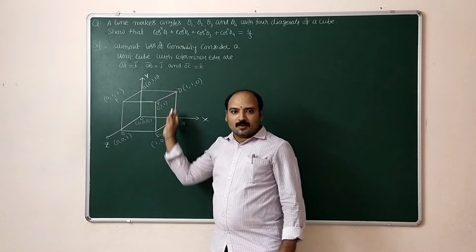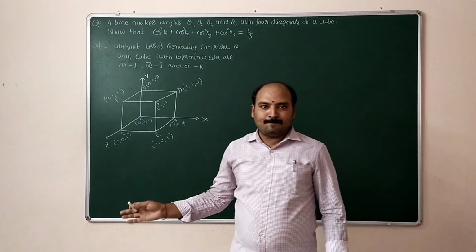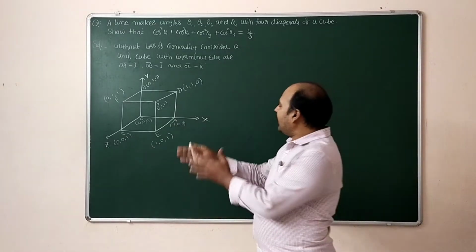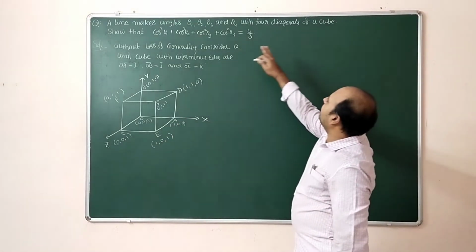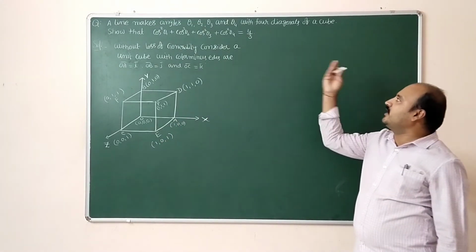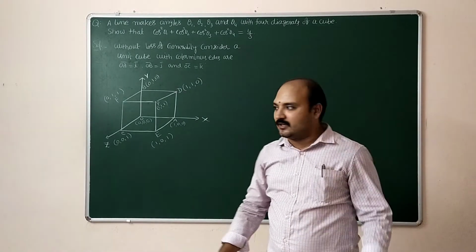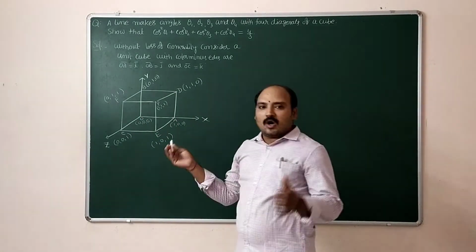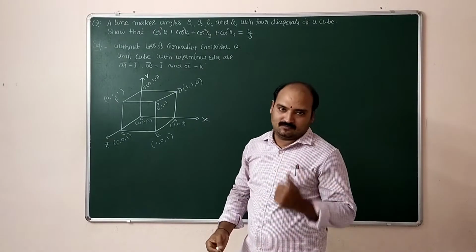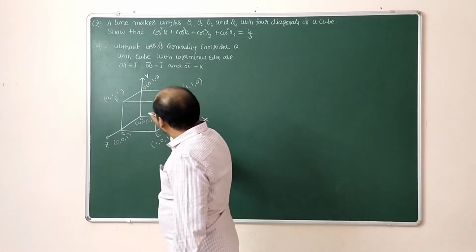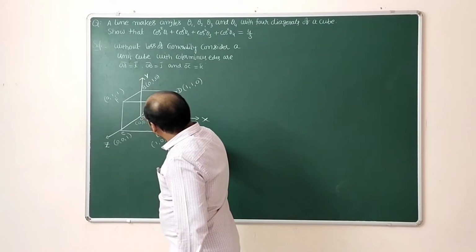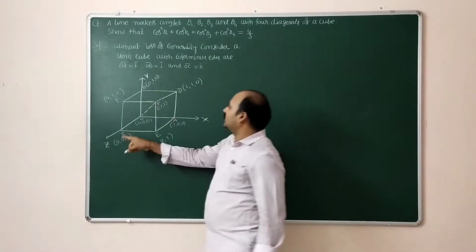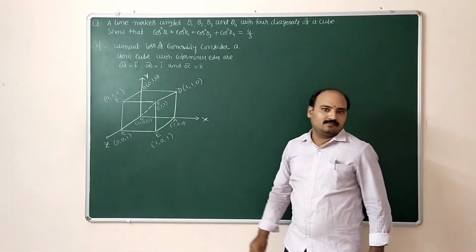After plotting the points in the cube, you have to consider the diagonals of a cube. Here, a line makes angles theta 1, theta 2, theta 3, theta 4 with 4 diagonals. Out of these, what are the diagonals we have to consider? See here, OP is one diagonal.